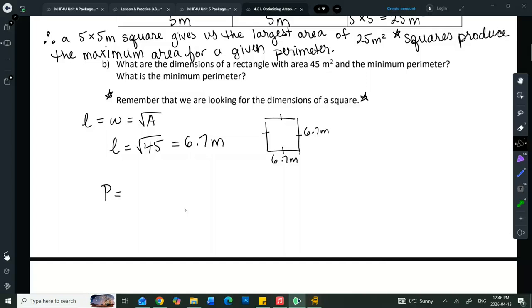Yep, or I can multiply it by 4, right? Because I have 4 sides that are 6.7 meters. Technically we're doing 6.7 plus itself, adding it 4 times. So that would be the same as 4 times 6.7. 4 sides that are 6.7 meters in length. What do you get?